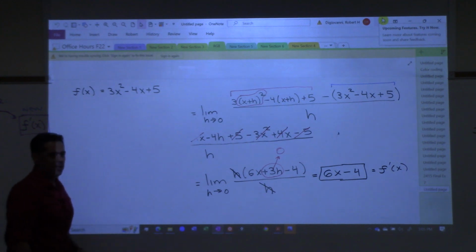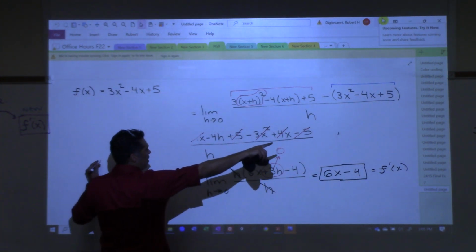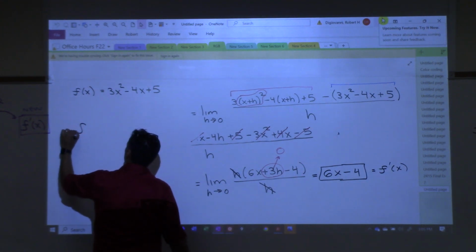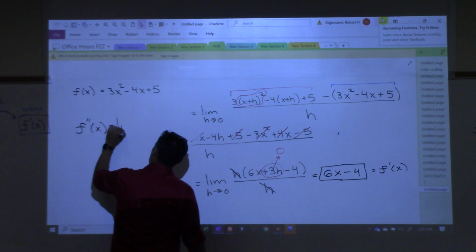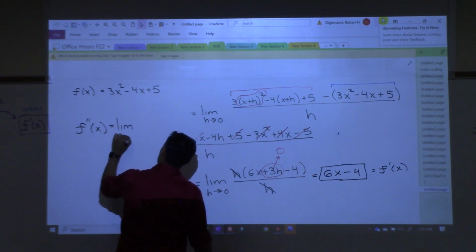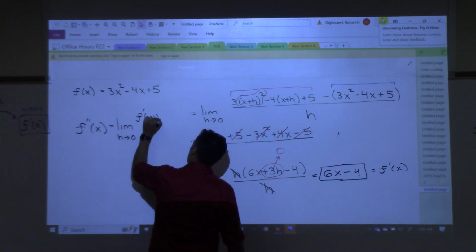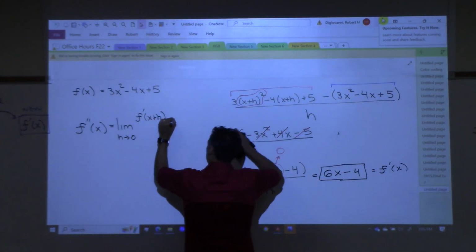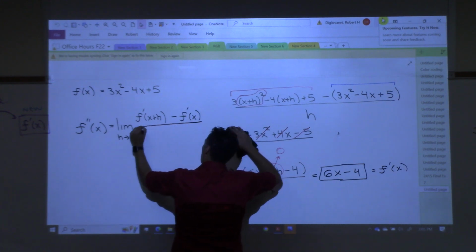Let me see if this makes sense to you. I'm using that formula over there. Does this make sense that if I say the second derivative of the function, this should be the limit as h goes to 0 of the first derivative at x plus h minus the first derivative of the function at x all over h.